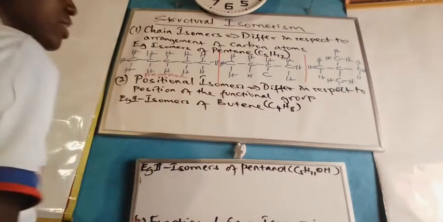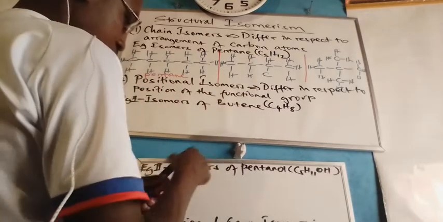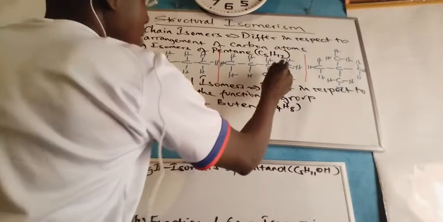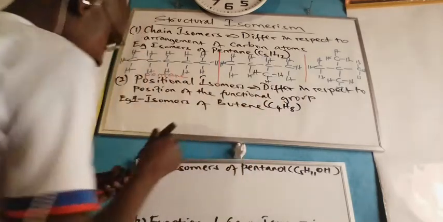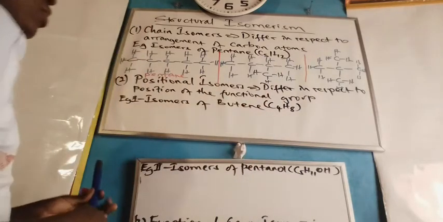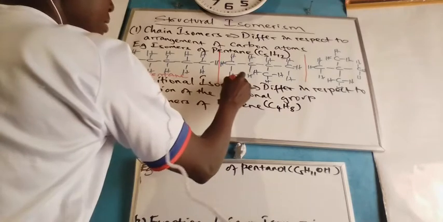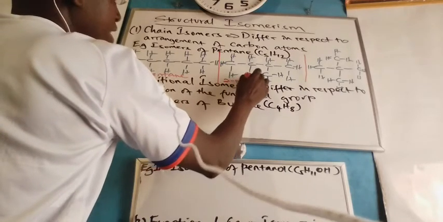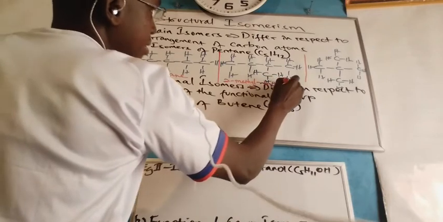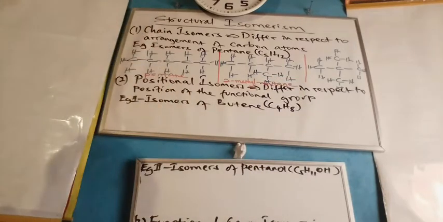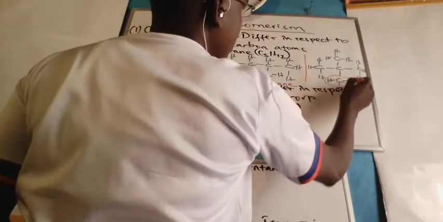The second species has 4 carbons in a row with a methyl group in position 2, namely hanging on the second carbon. So we name it 2-methylbutane, that's methyl in position 2, butane, because it has 4 carbons in a row. The third species has 2 methyl groups.